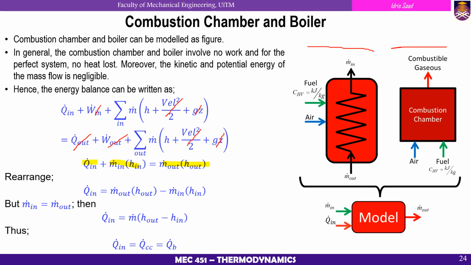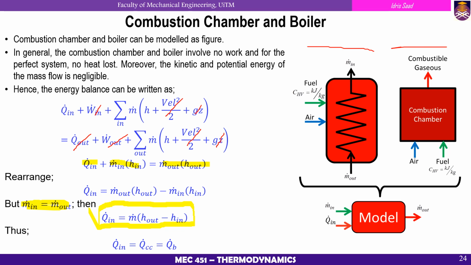We know that for the system, the mass must be balanced. Mass in must equal mass out. So we get that Q dot in is equal to m dot times h out minus h in. We also have to understand that for the perfect or ideal system, the amount of heat transferred into the system, Q dot in, is equal to the rate of heat energy generated by the combustion chamber and boiler.